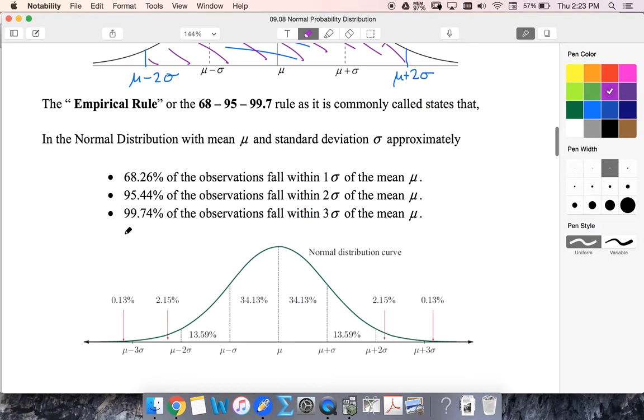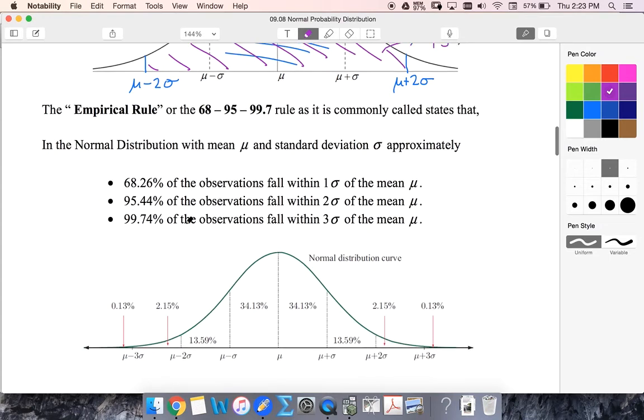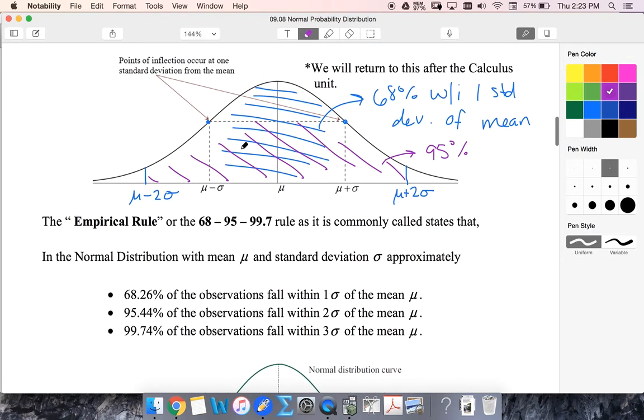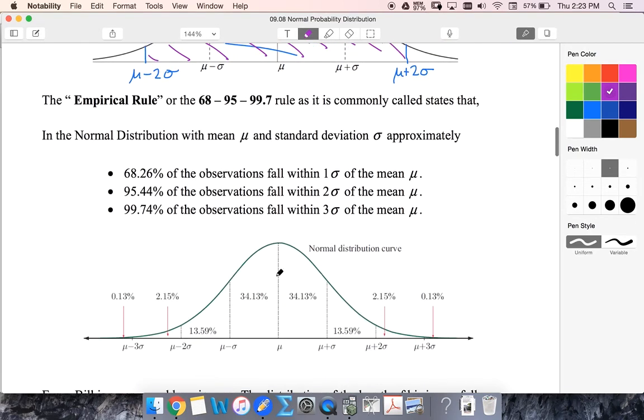Okay, here are my more specific percentages. Of course, since it's symmetric, this total 68% means that each half is 34%, or if we're going to go more specifically, 34.13.